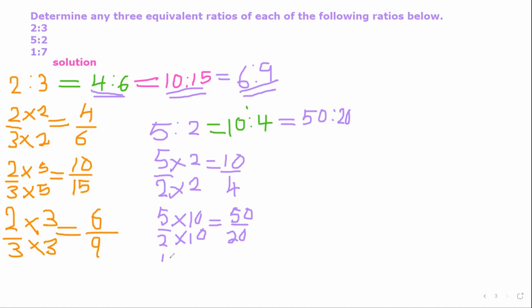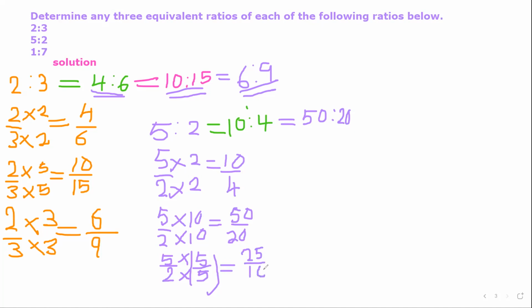So the last one, or another ratio that will be equal to 5 to 2, you change to a fraction, which is 5 over 2. Then you multiply by any other number. So here times 5, times 5. Okay, the number must be the same because the number used to multiply the numerator must be the same number used to multiply the denominator. And here is what? 5 twos is 25 over 10.